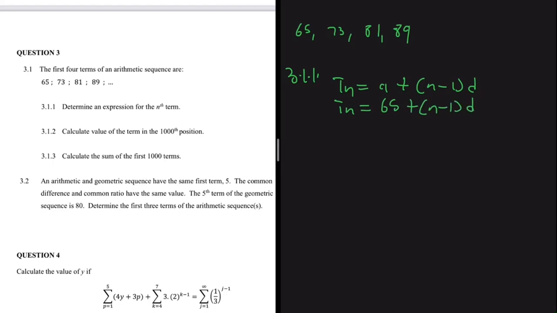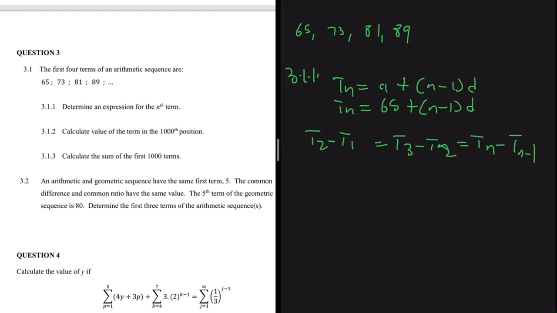And now let's pay our attention to d. d is the common difference, right? You can find d by saying that T2 minus T1, or you can say that T3 minus T2, as long as you are finding the difference between 2 consecutive terms, right? Basically we're saying Tn minus Tn minus 1, right?